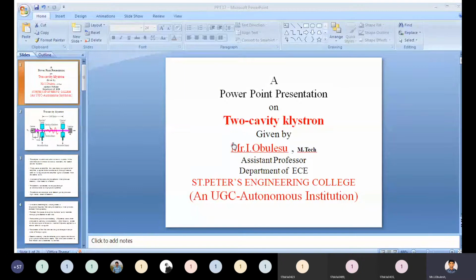The beam first passes through this bouncer cavity resonator, through grids attached to each side.